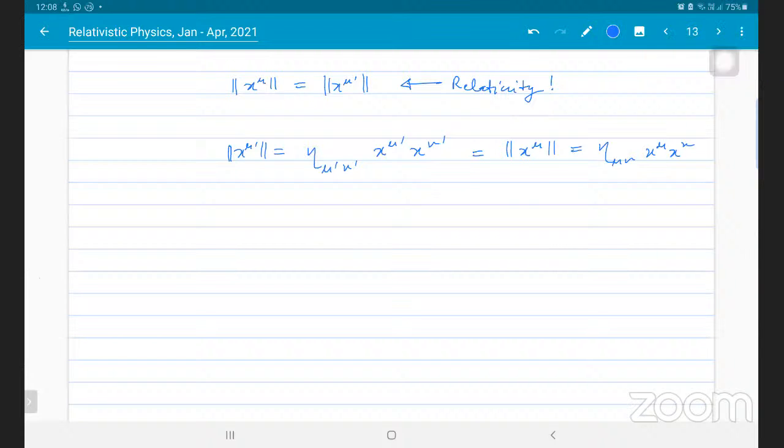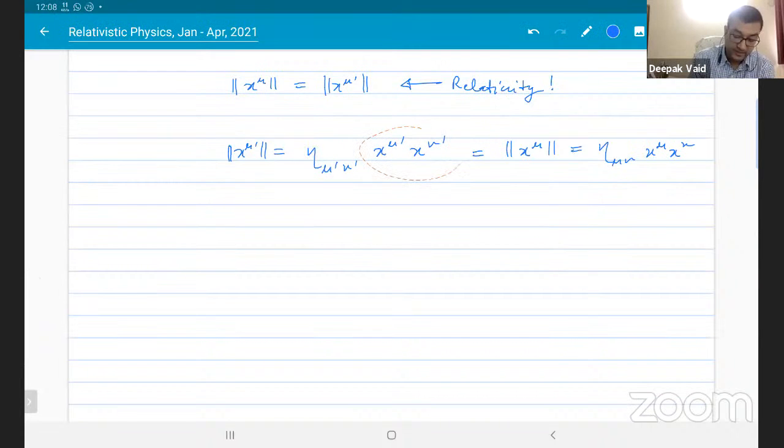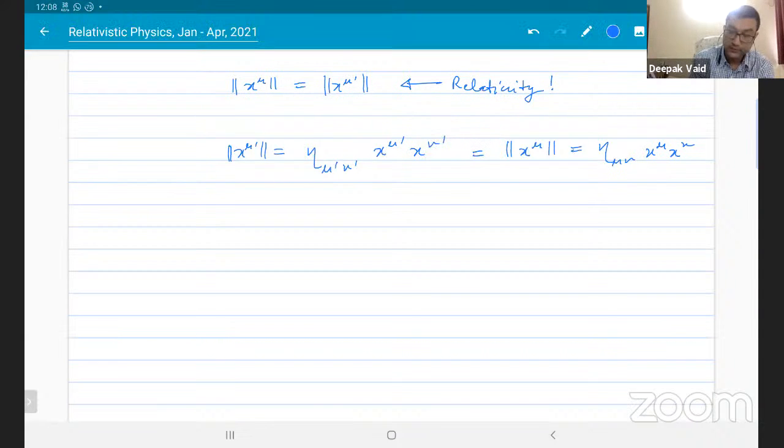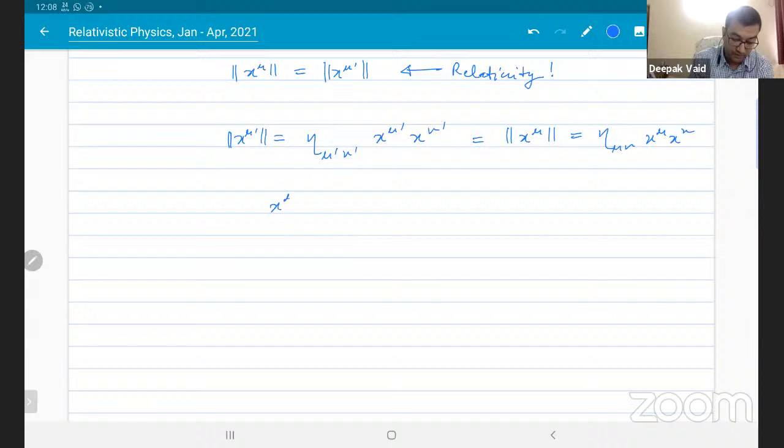So if I want to compare these expressions, let me write the prime coordinates in terms of the unprimed ones. I can do that using the Lorentz transformation matrix. This is equal to lambda^{mu prime}_mu x^mu. So I'm just applying my Lorentz transformation. I take this expression and substitute over here.